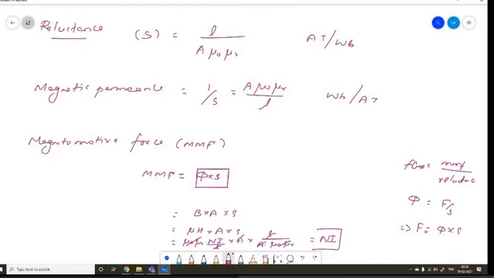Further, I can also express it in a different way. Starting from here, I can write this B to be mu into H, and you have the area of cross section, and then you have this reluctance. In other words, I can also write it as L divided by A into mu, where mu is nothing but mu 0 into mu r.